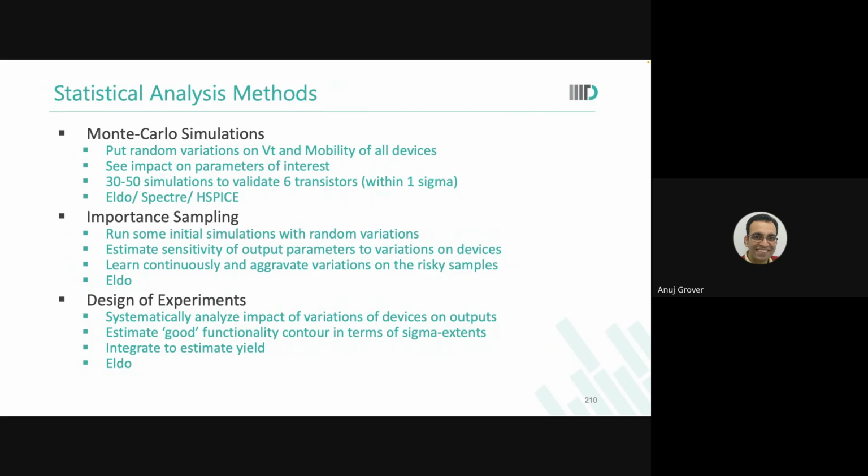So I find the sensitivity to variations in inputs. And then I say, okay, inputs to which my output is more sensitive, I will vary them more. I will select more around that vicinity.